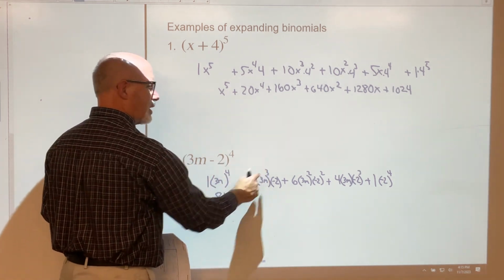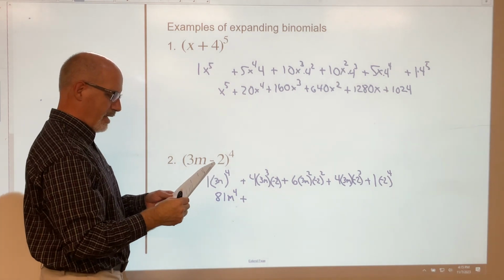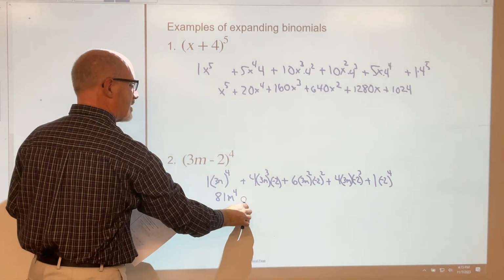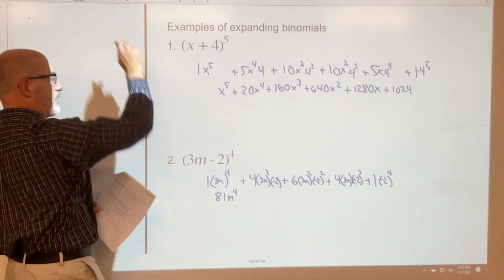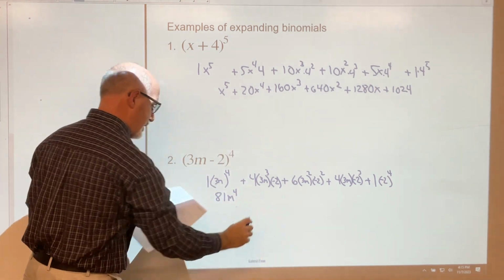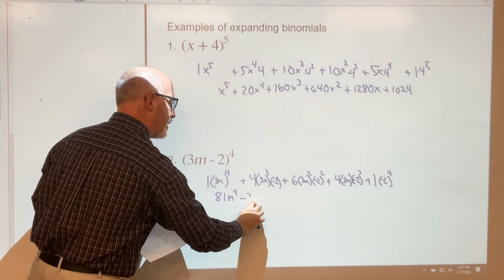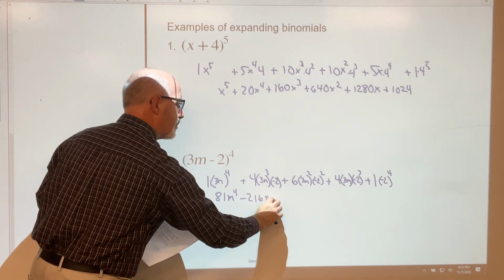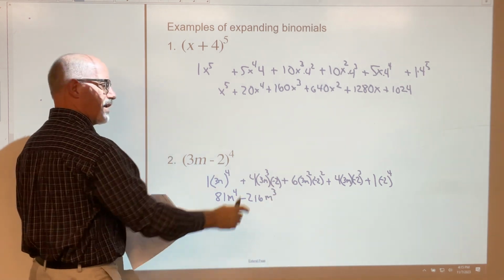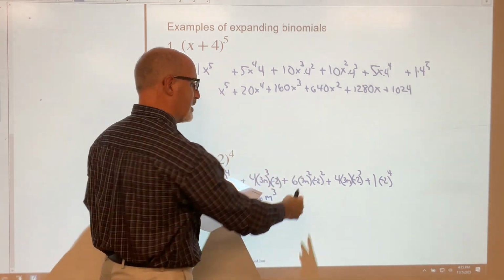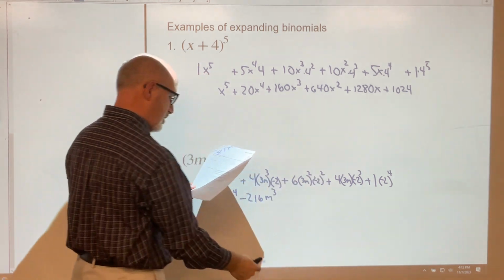This one's going to be 3 cubed, which is 27, times 4 times -2, and that's going to be a negative because we have a -2 there. So subtracting, when I multiply those, I get 216, m to the 3rd. And then I got 6 times 3 squared, which is 6 times 9, times -2 squared, which is another 4.